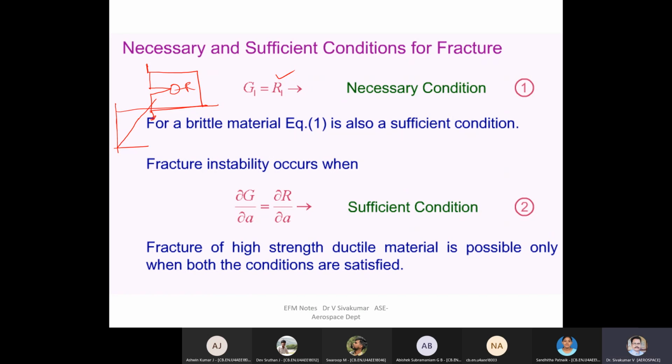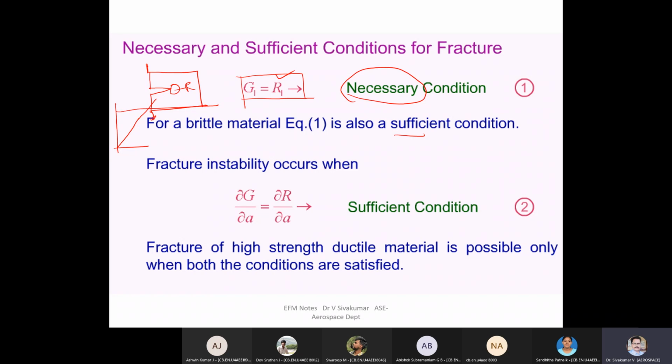So, when will the crack start? What is the condition for a crack to start? There should be some condition, no? The necessary condition, necessary means must, is G1 should be equal to R1.